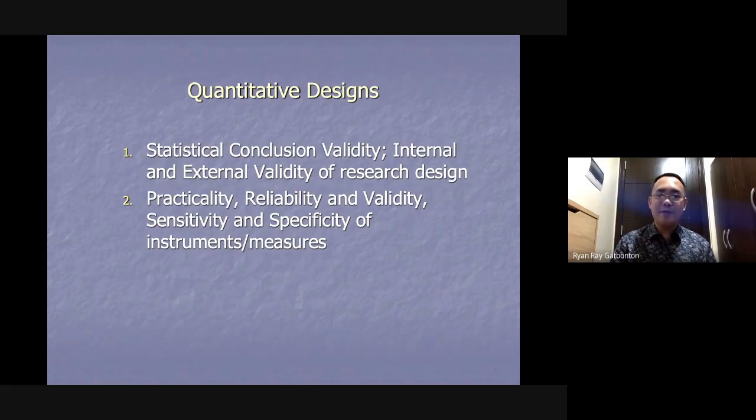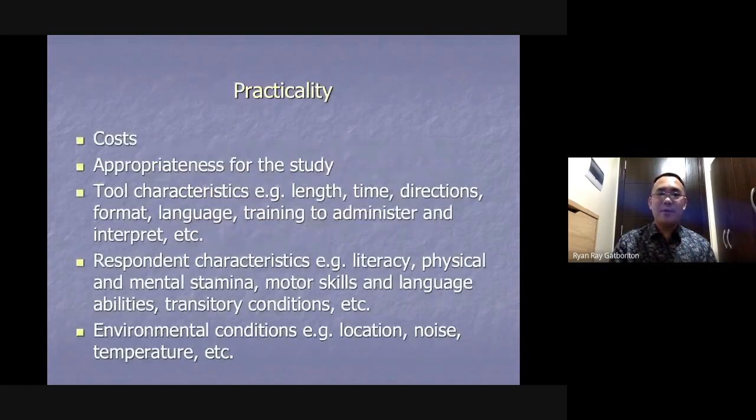Another aspect of rigor that we should look into is the practicality, reliability and validity, sensitivity and specificity of your instruments. When we say practicality, this is the appropriateness of your study.